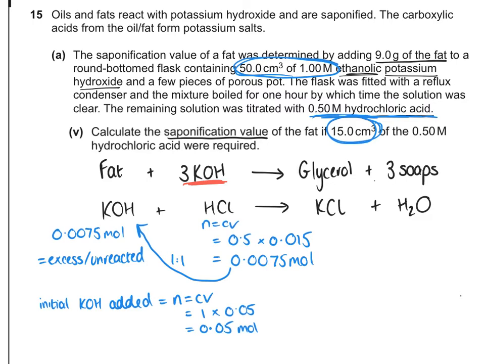So to work out how much did react, I take my initial minus the number of moles that were unreacted. So the KOH used to hydrolyze my fat is 0.05 minus what didn't react, and that leaves us with 0.0425 moles. That's the number of moles of potassium hydroxide that did react.